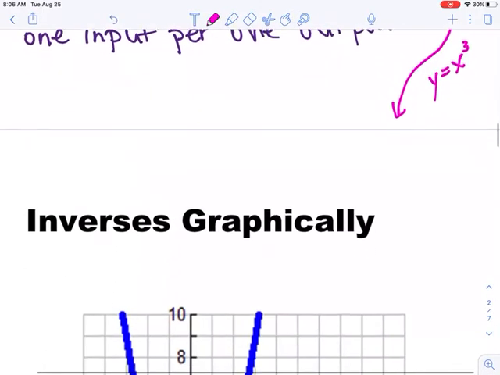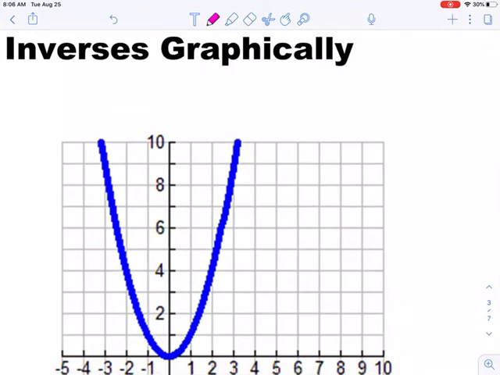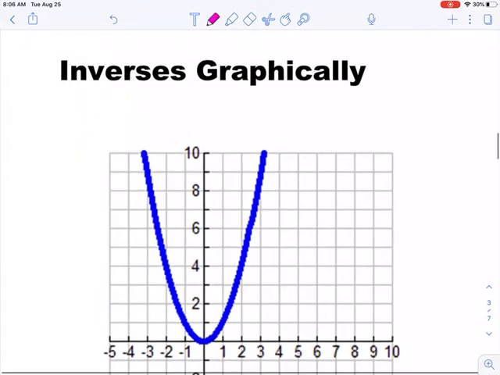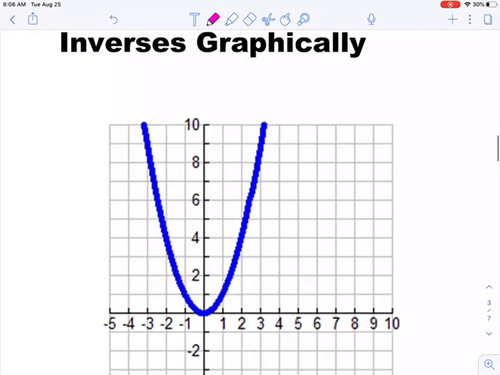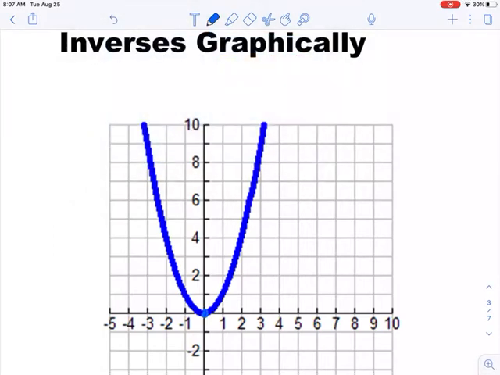All right, so let's talk about graphically. Most of our conversations today is going to be finding inverses algebraically, but let's just go ahead and take a look at this example graphically. Remember our process is always to take our x's and y's and switch them.